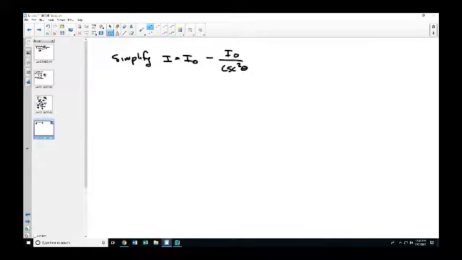What this is saying is the intensity that passes through, so that's what actually gets to your eye, is the initial intensity that hits the lens minus the initial over cosecant squared of the angle that the lens bends the light. These polarized lenses bend it. They actually change the angle at which the light comes into your eye, that's how they work. So, sunlight intensity, output intensity.